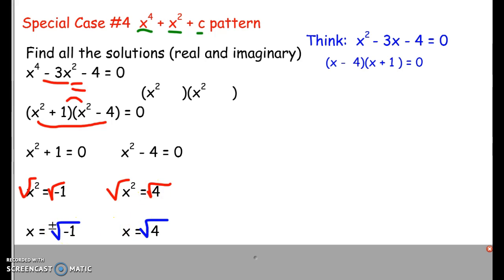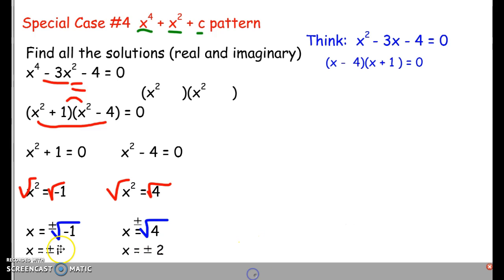Oh, I forgot the little plus or minus there. On the right-hand side it should be plus or minus the square root of 4. So we end up with plus or minus i, that's our definition for i, the square root of -1, and plus or minus the square root of 2.